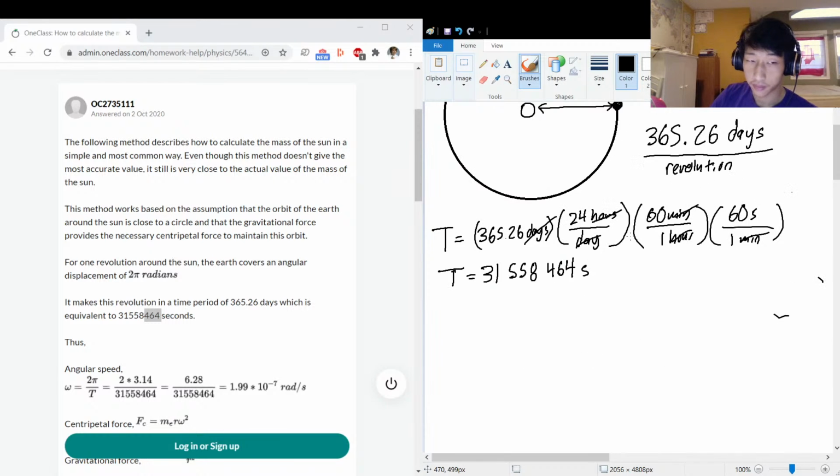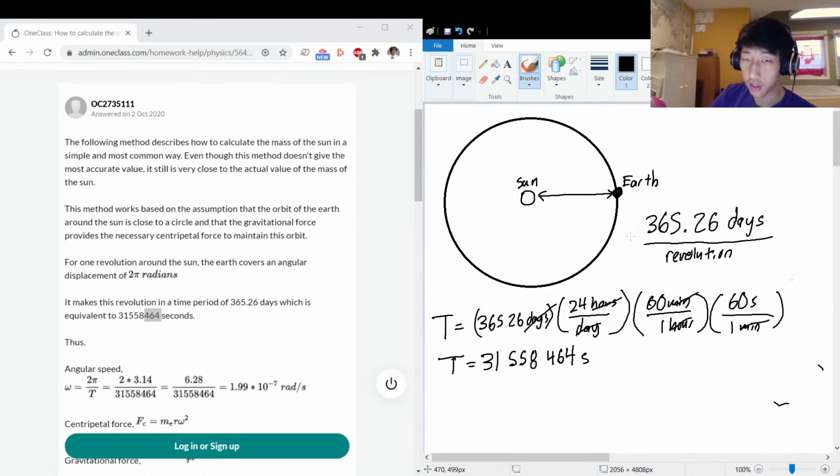And we know that if we have the radius, we can find some other great things. But given that we have the period, the time that it takes, we can use that to help us find the angular speed or the angular velocity.